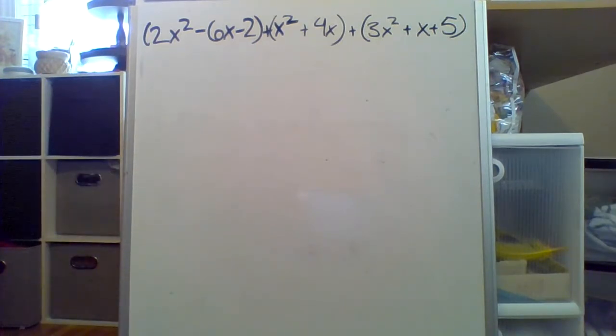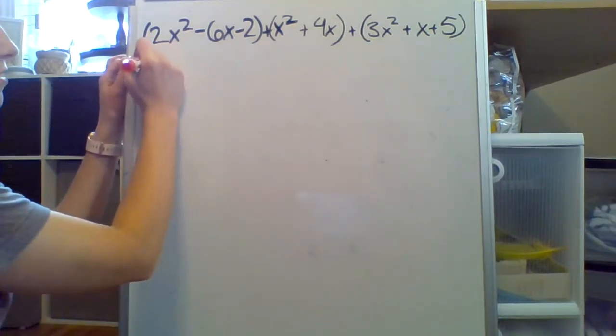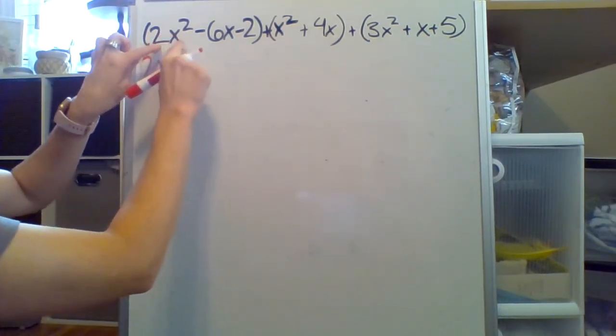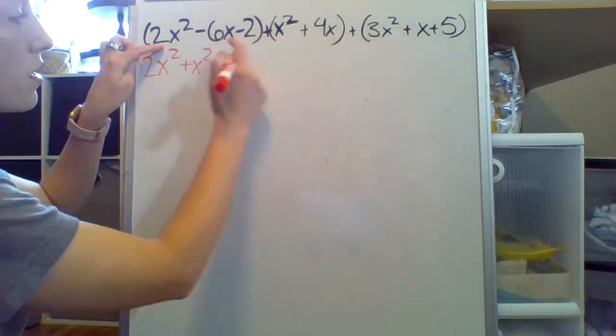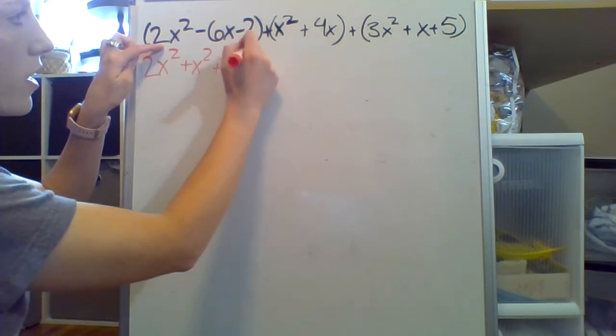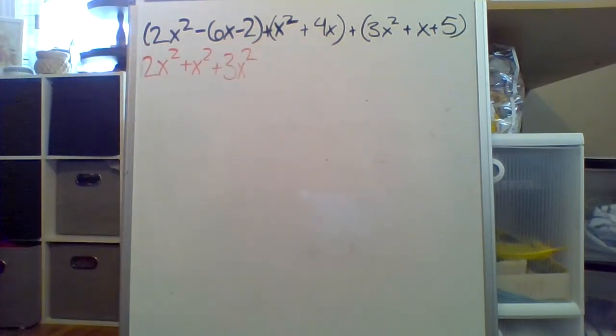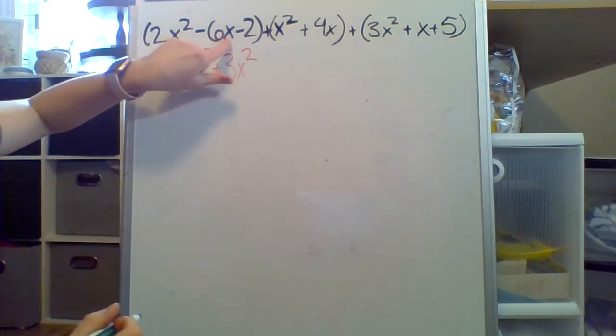Everything's being added together here, so we're just going to rearrange our terms so that our like terms are together. I'm going to do the highest power first. In this case, it's my x squared. That's our highest power. So I'm going to rewrite in red 2x squared, then my next one, plus x squared, plus 3x squared.